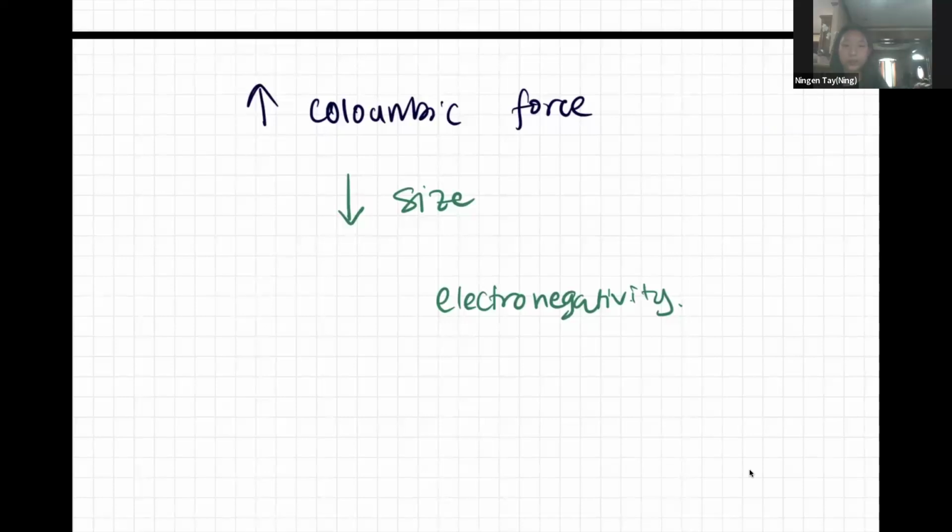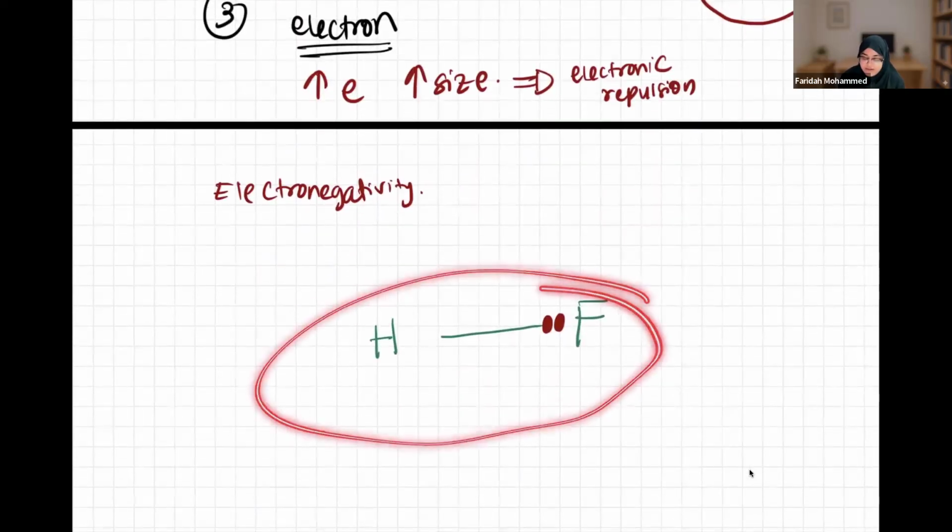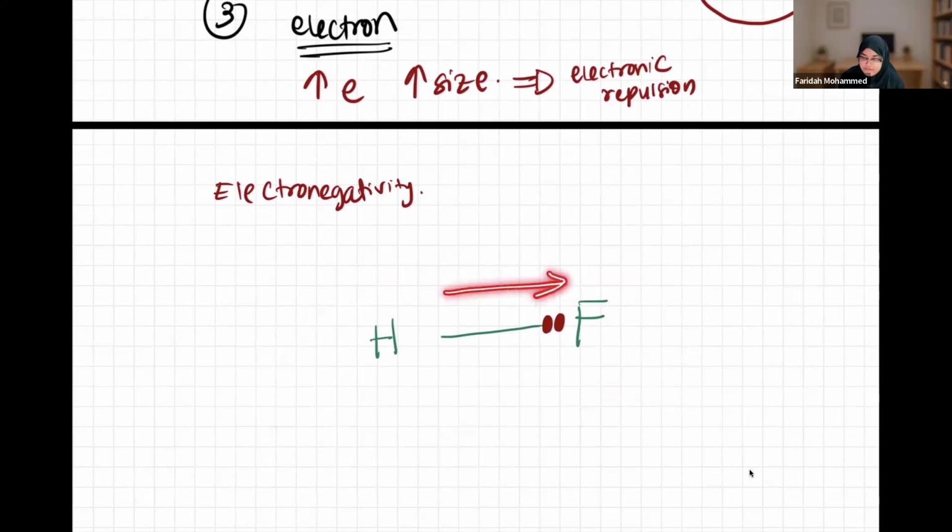I forgot. That's okay. What is electronegativity? The ability of an atom to attract electron. Think about if this one has like a superpower, its nucleus has superpower, strong Coulombic attraction. Think about when this has strong Coulombic attraction.